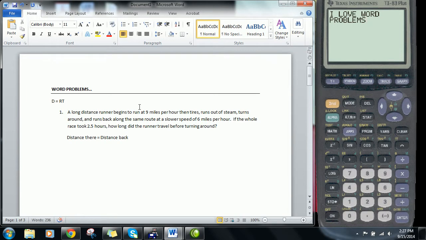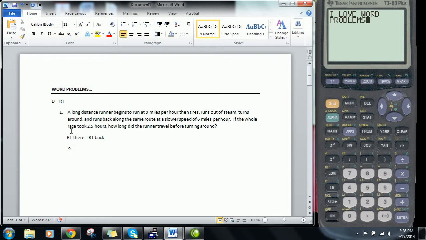The runner at first is running at a rate of 9 miles per hour. And that distance back, rate times time. So I'm going to replace the rate with 9, and I'm not quite sure about time yet, so I'm going to leave that for now.